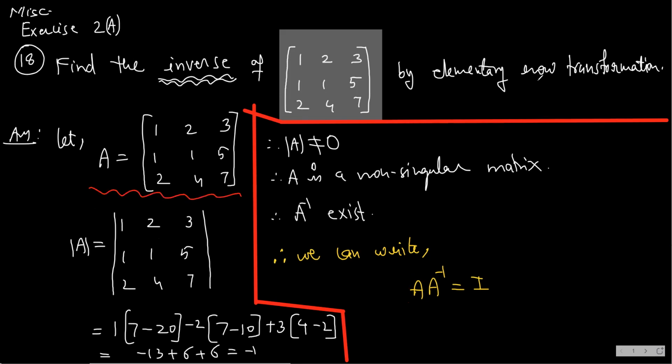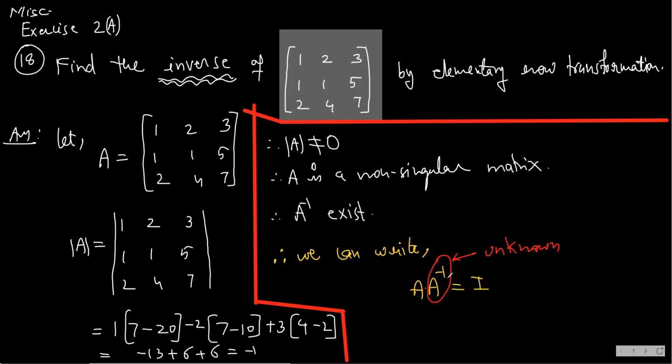So if it is row transformation, I will always write A as the prefactor matrix. This matrix A inverse is an unknown matrix. I do not know this matrix, so I just can't do anything with it.